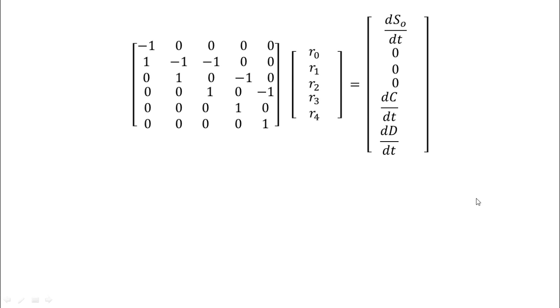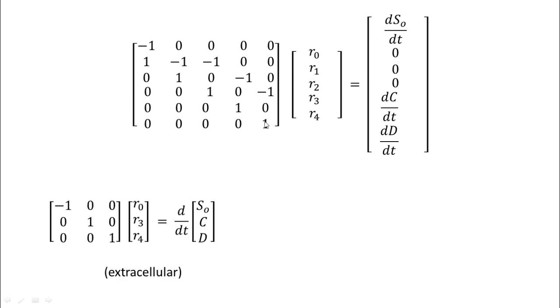Let them be there. If this is the case, then you could split up this matrix as related to extracellular and intracellular matrices, because the intracellular metabolite related matrices will vanish.